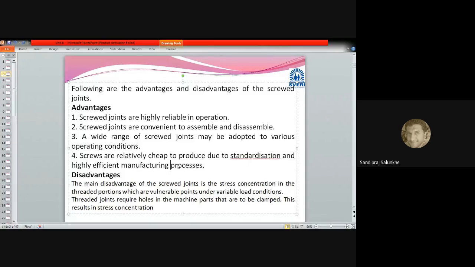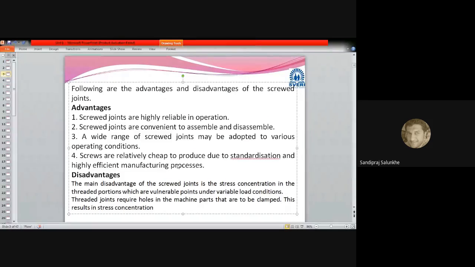screws are relatively cheap. We are talking about being relatively cheap to purchase due to standardization and a highly efficient manufacturing process. As I have already mentioned, nut and bolt come under the category of standard parts. They are not required to be designed, like the bearing you might study in design 2.